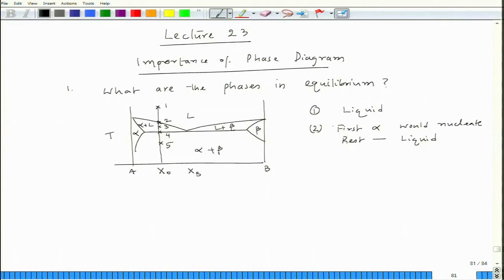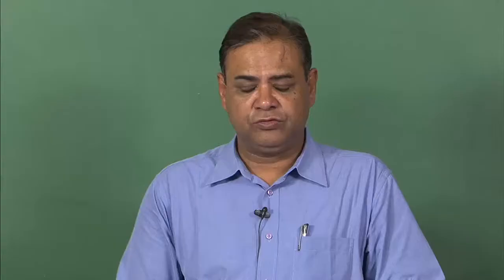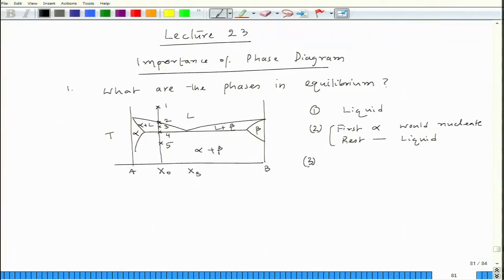Now, here a very small amount of alpha would be in equilibrium with liquid, and at point 3, if I draw a horizontal line with respect to the composition axis, I can zoom in on this particular section and mark it as M, N, O. At 3, I would be able to know two things: what are the phases and their amounts, and also the compositions.